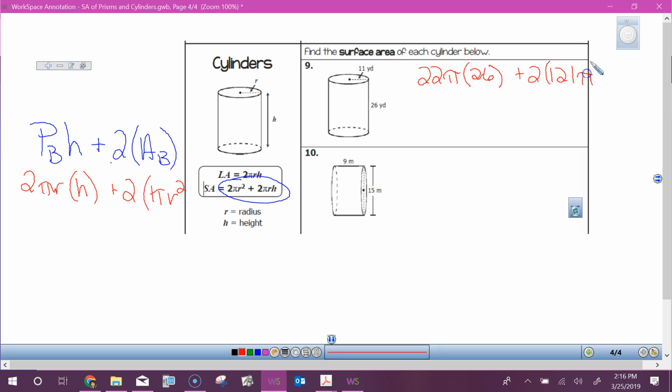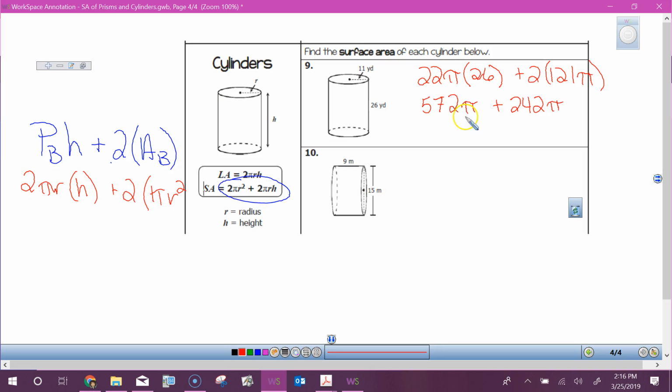121 pi. And now remember, we're leaving these in terms of pi, so we're not going to actually multiply by pi. So 22 times 26. So 572 pi plus 2 times 121. 242 pi.